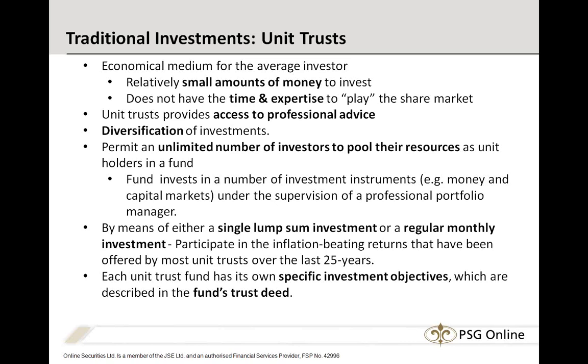A unit trust provides access to professional advice: a professional fund manager is managing your funds for you. One of the big advantages is diversification, so you're spreading your eggs in various baskets. The idea is that we put our resources together into a fund, and then the fund manager manages it from there. You can go for either a lump sum or regular monthly investments.